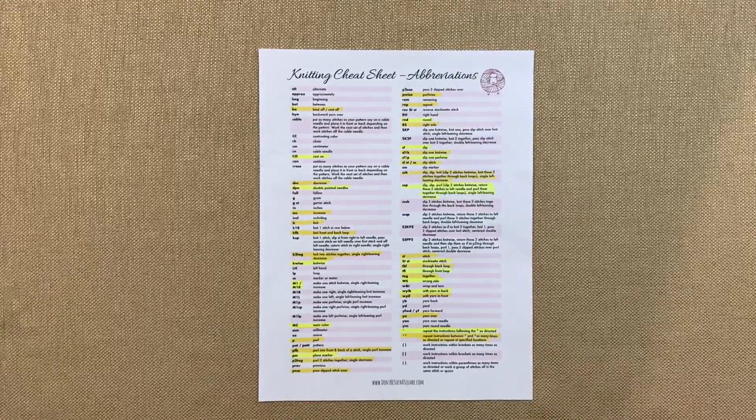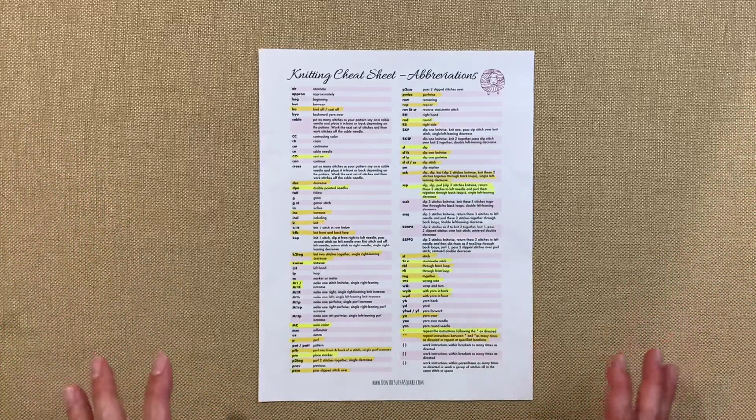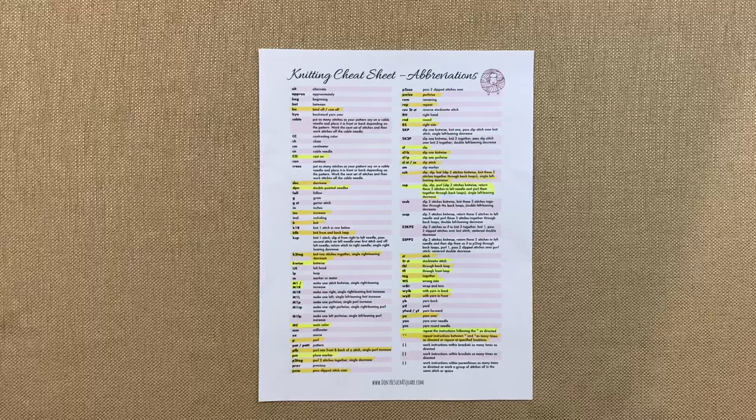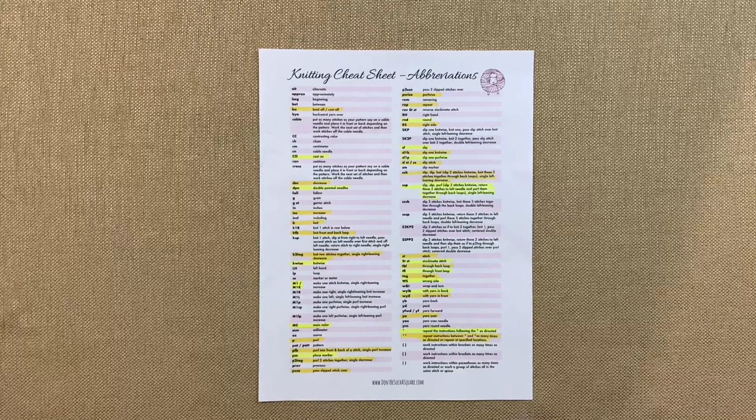Okay, so that's the big ones. For our pattern, really all you need to know is K, knit, P, purl, CO, cast on, BO, bind off, and that's really it, okay? ST is stitch. That's all we're going to need for this simple project.